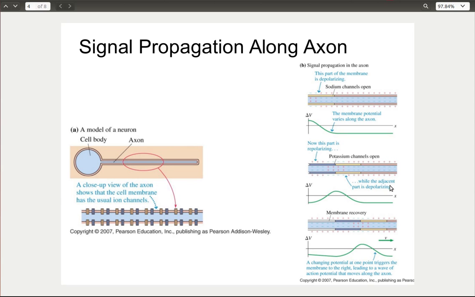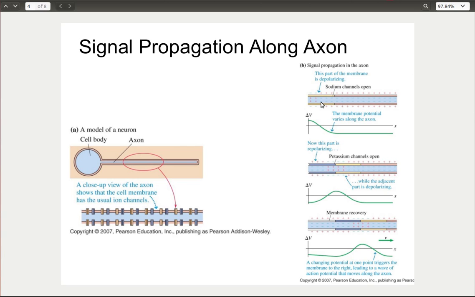Briefly, what happens is shown on the right, where sodium channels will open, allowing sodium to flow, and that creates a positive interior and negative exterior, and an increased potential difference.